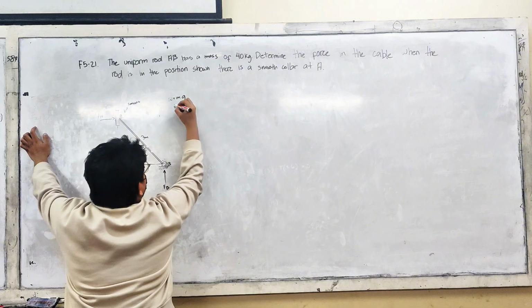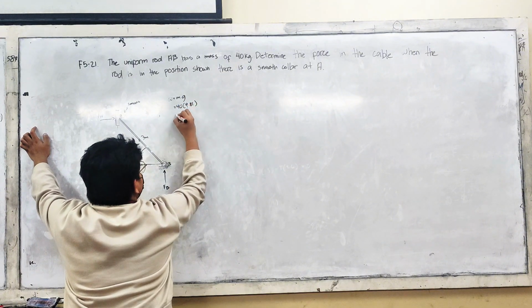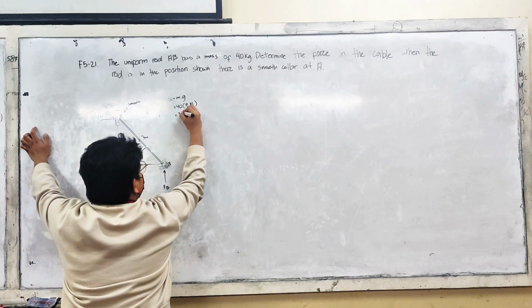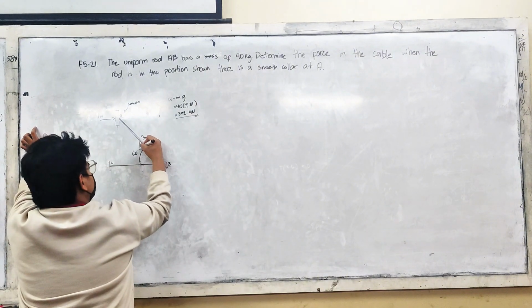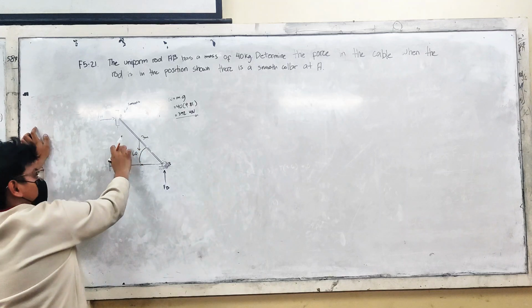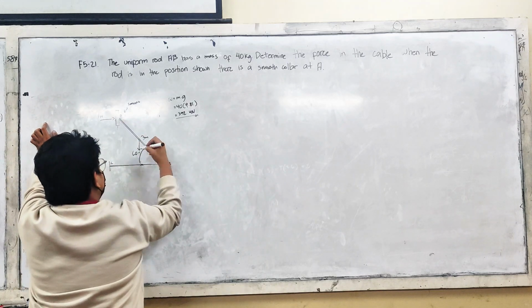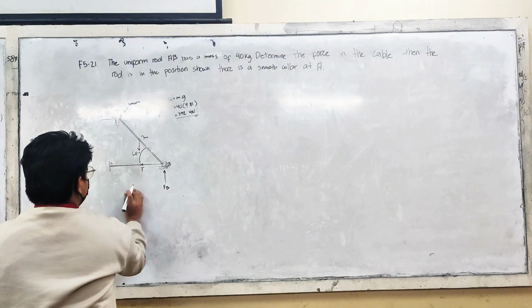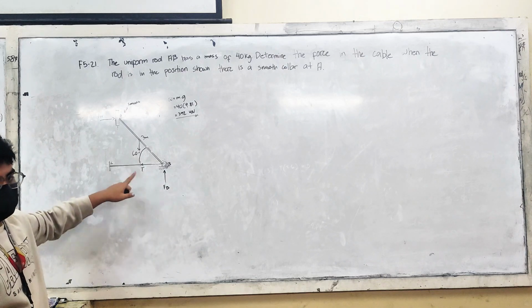So we have here 40 kg times 9.81, which will be 392.4. We're going to put it here on the center of A and B. This is our weight, and we're going to put a tension because this is a cable.